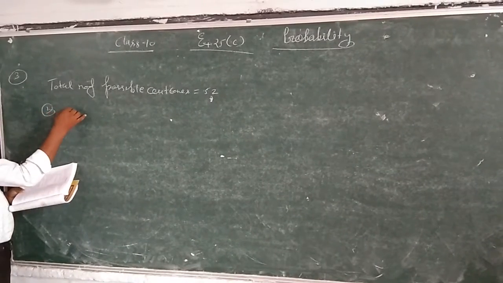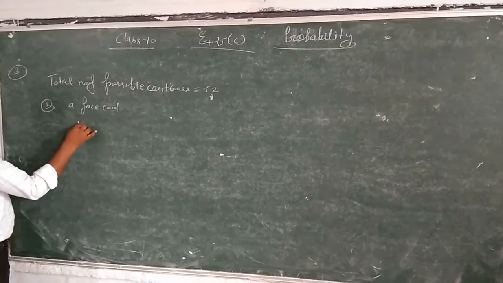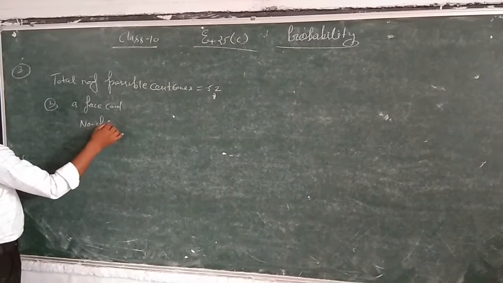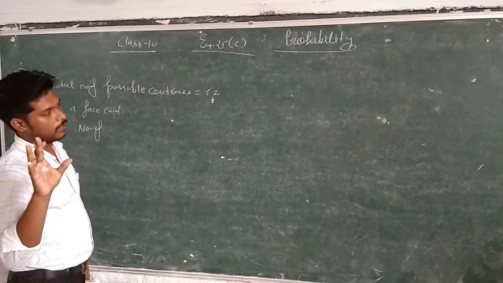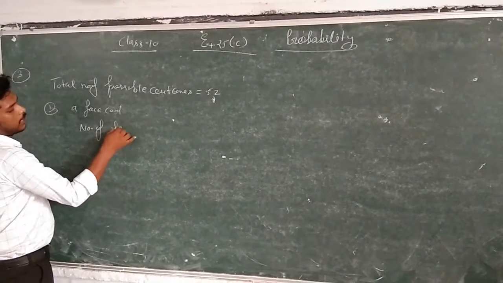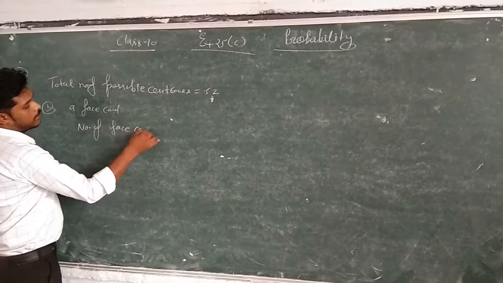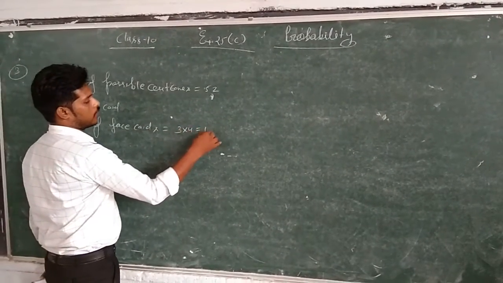So this is the first, face card. If we talk about the number of face cards, in every suit of 13 cards, you will find 3 face cards. So the total number of face cards in the deck is equal to 3 multiplied by 4, which is 12.